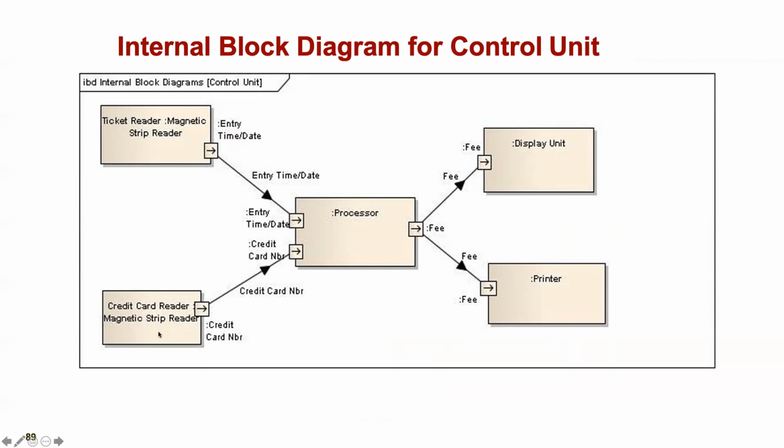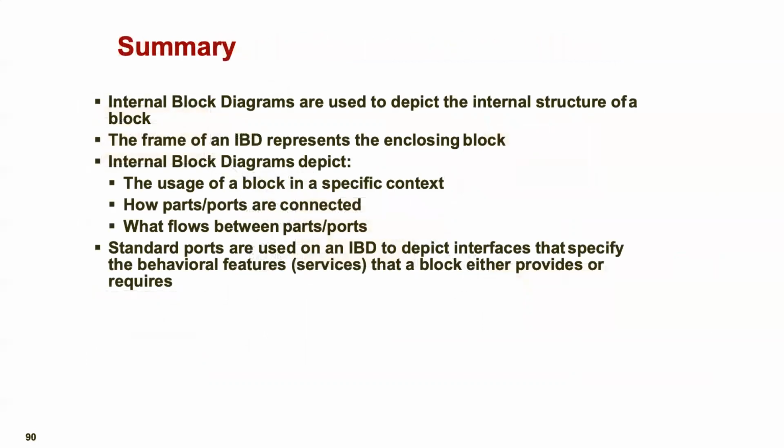They read information with the magnetic stripe reader that is then passed into a processor. The results can be shown with a display unit or a printer. Maybe you need to have a ticket to get out, and you also get the feedback from a display as you're trying to be getting that payment or other type, or getting your ticket.